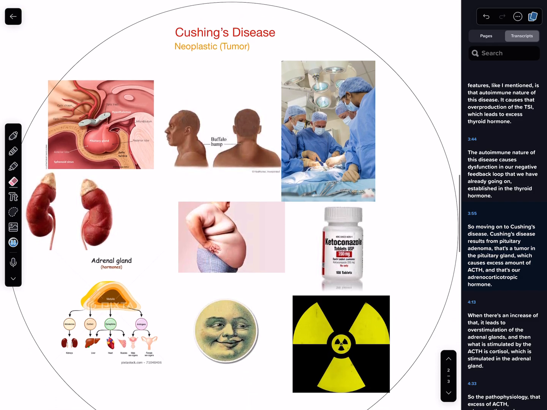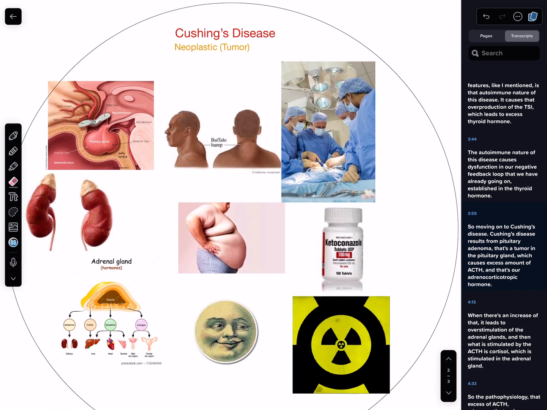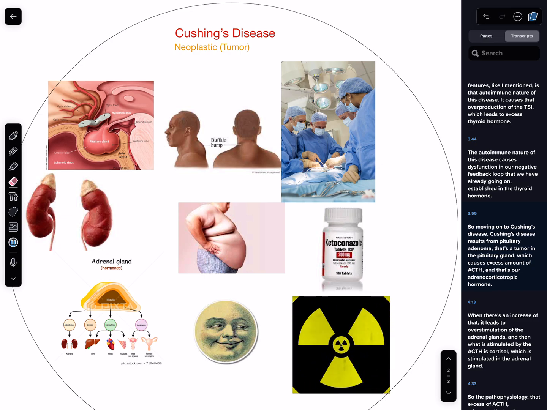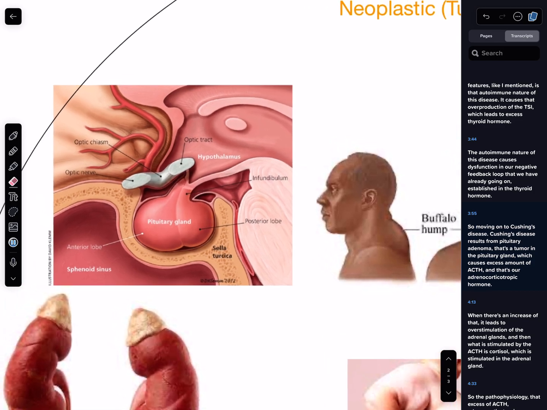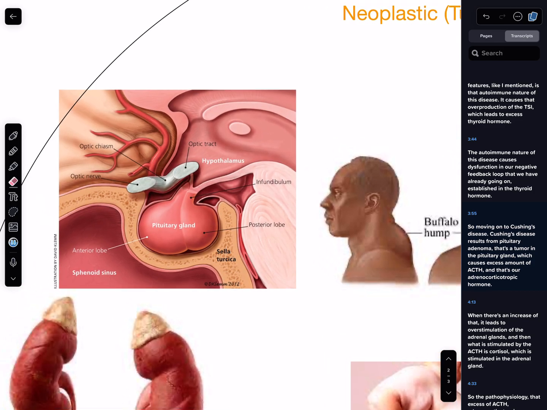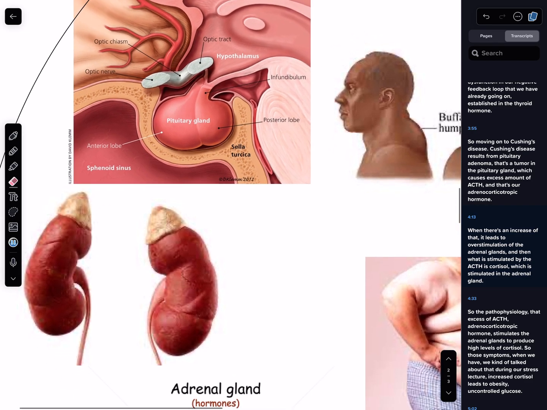So moving on to Cushing's disease. So Cushing's disease results from a pituitary adenoma. That's a tumor in the pituitary gland, which causes an excess amount of ACTH, and that's our adrenocorticotropic hormone. When there's an increase of that, it leads to overstimulation of the adrenal glands.